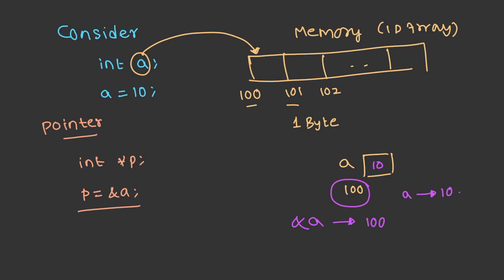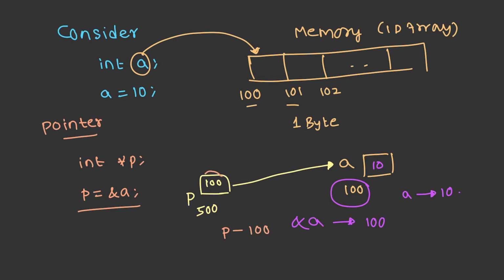This statement states that p is a pointer at some memory location, let's say for example 500, and it is pointing to a, meaning it has the address of a as its content. If we want the content of p, if we write p, it will give 100.